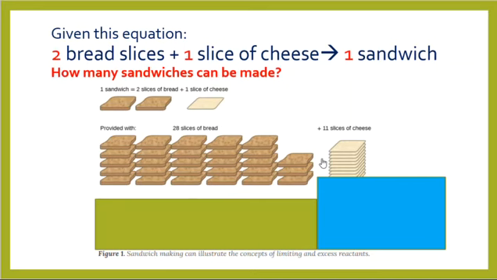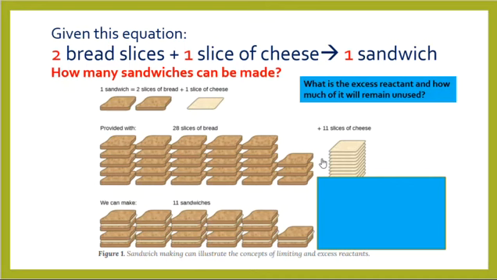Take a look at the provided reactants: 28 slices of bread and 11 slices of cheese. For this reaction to occur, we know that the reactants must exist in a 2-to-1 ratio. Since we have 11 slices of cheese and more than double that for the slices of bread, we know that we can have at least 11 sandwiches.